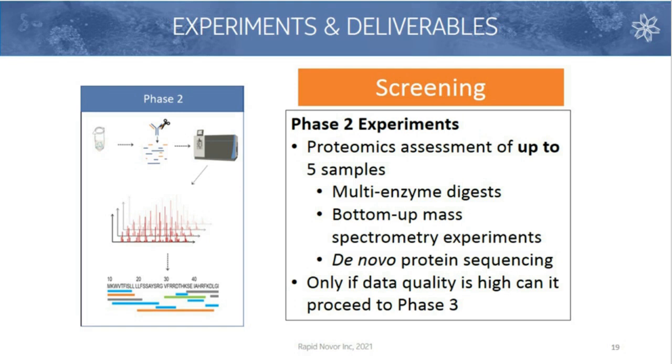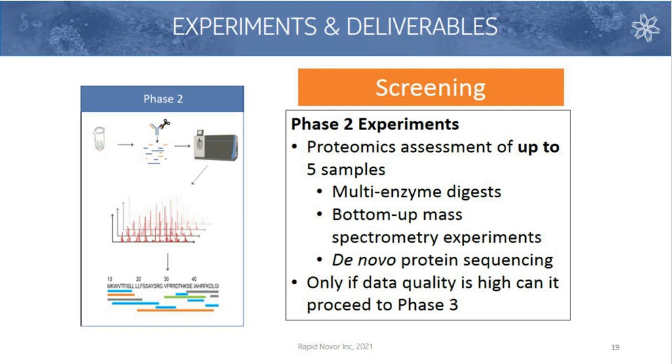So this is where we do what I described earlier, the multi-enzyme digest, the bottom-up mass spec, and true de novo protein sequencing. Other people have tried doing proteogenomics as well in the past, but one thing that we like to point out with respect to our assessment is that we're doing true de novo protein sequencing throughout our process.